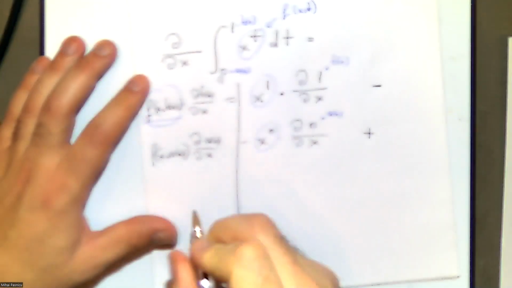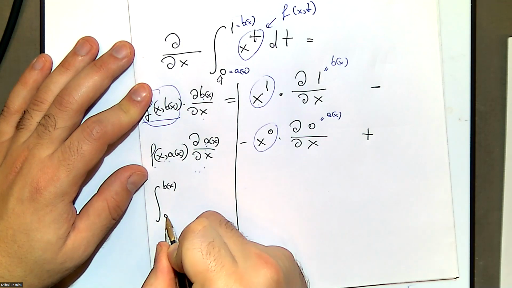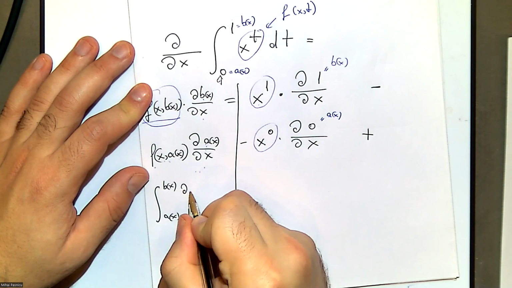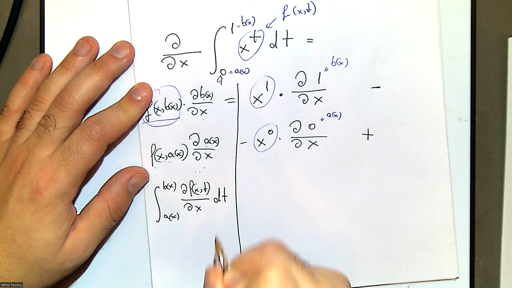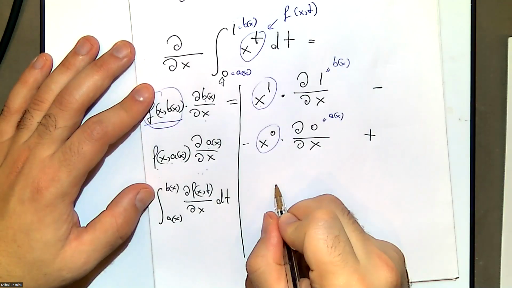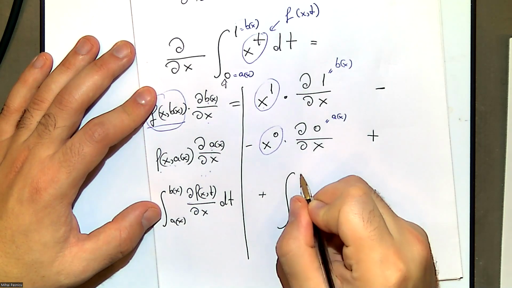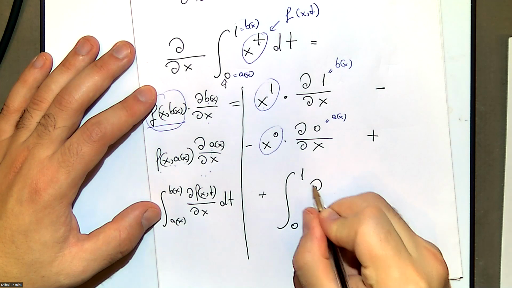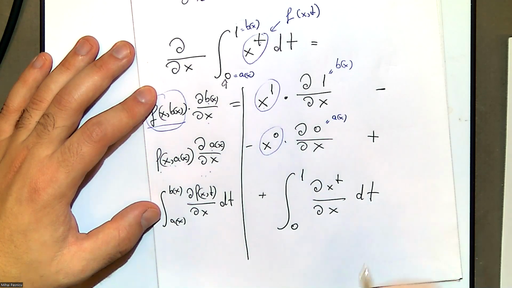And now plus the naive derivative, which is just the integral from a of x to b of x of the derivative of f of x, t with respect to x, dt. So I just add the integral from 0 to 1 of the derivative of x to the power of t, dx, dt.